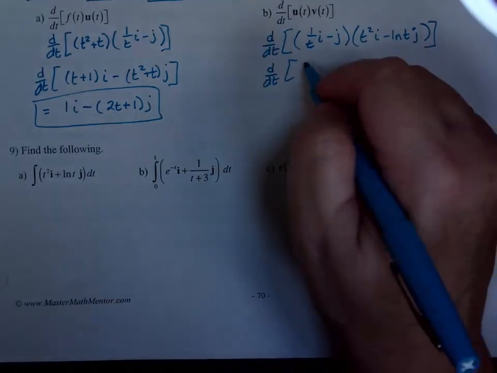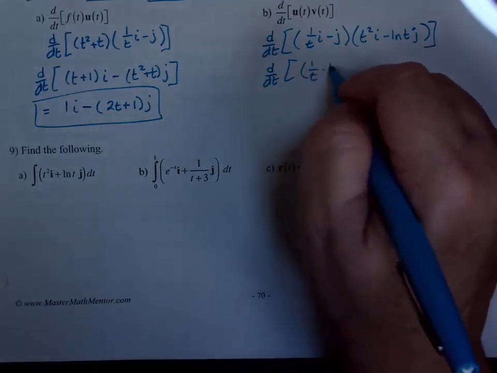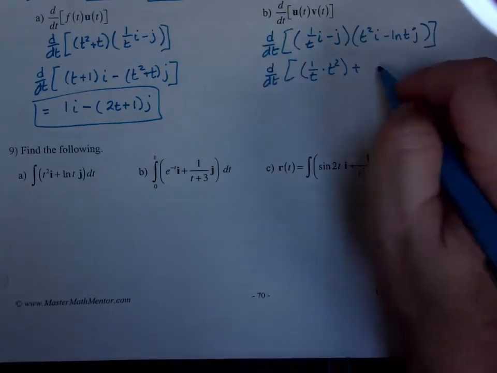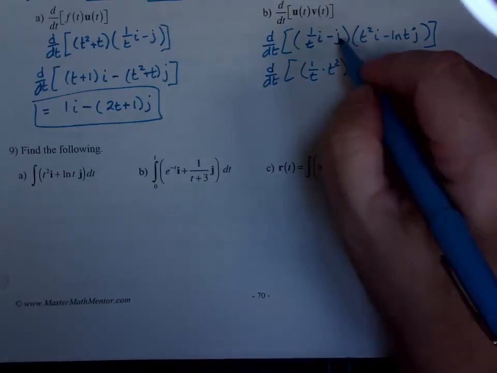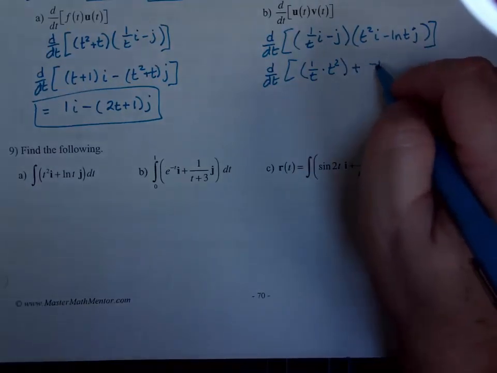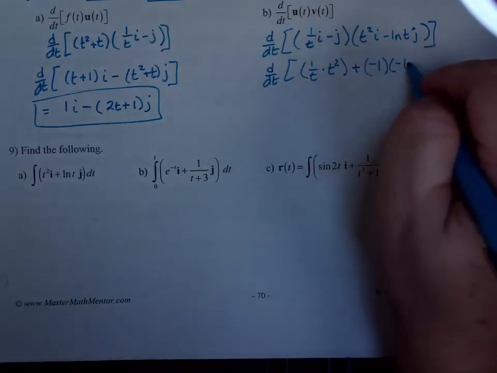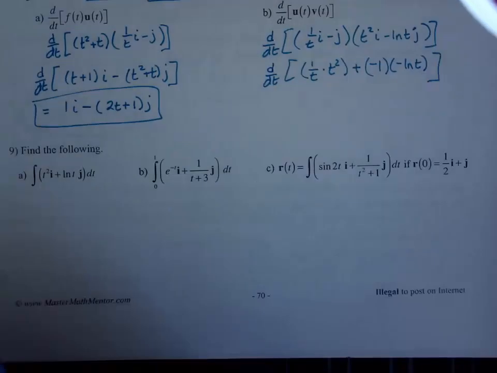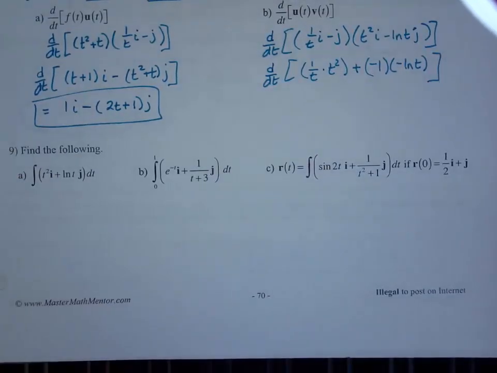I'm going to go ahead and write it all out. 1 over t times t squared plus, what's in front of this j? Negative 1 times negative ln of t. That's how you multiply the vectors. Multiply the x's, multiply the y's. Yes, ma'am? Where did the plus sign come from? That's the formula that was on the previous page. It was before you got here.